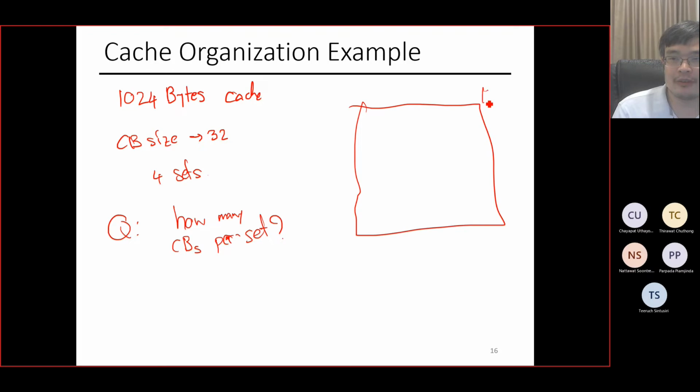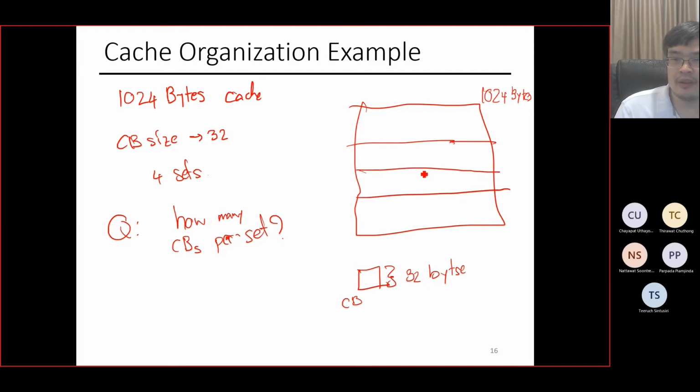Again, we have this cache, right? This is 1024 bytes, and one of the cache blocks is 32 bytes. And we have 4 sets in total: set 0, set 1, set 2, and set 3.